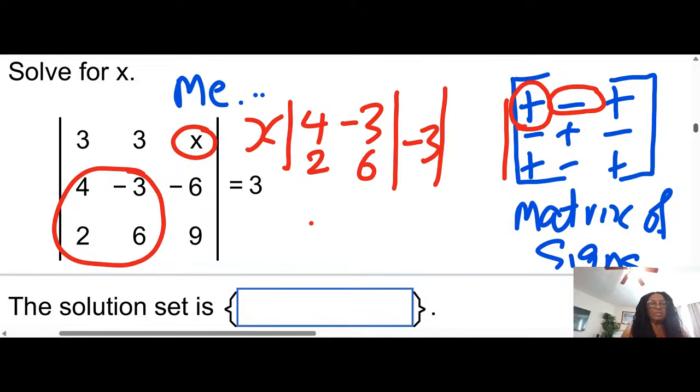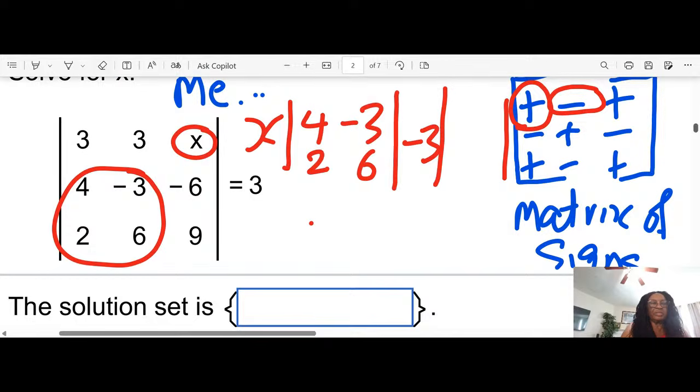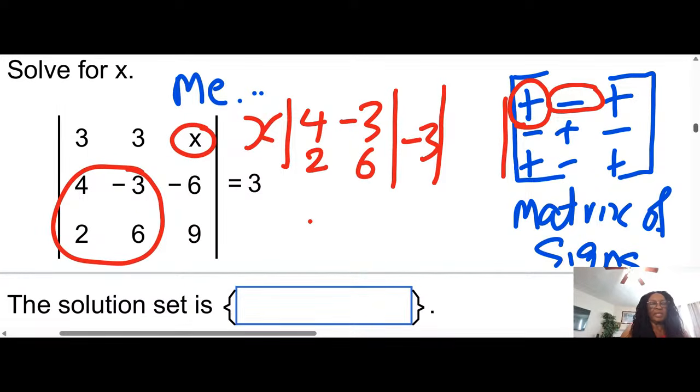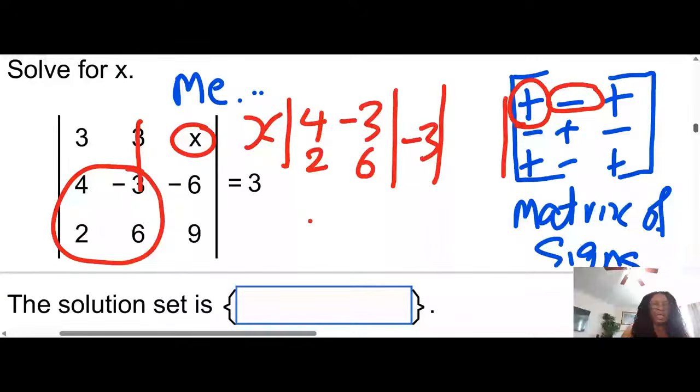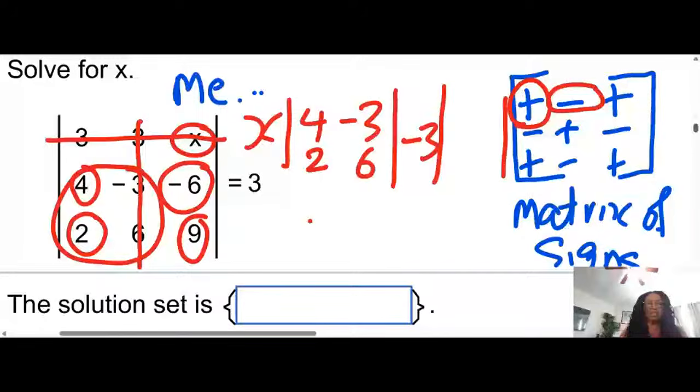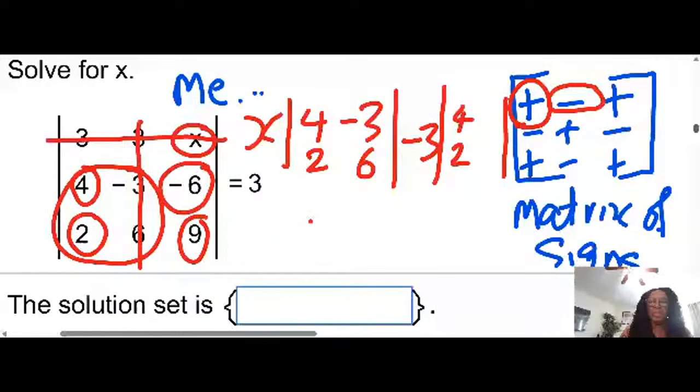I need to collect my 2 by 2 matrix. So negative 3. Now I want to draw a line on 3, the one I'm trying to evaluate, and draw a line through its row and column. I will have 4, 2, 6, and 9.